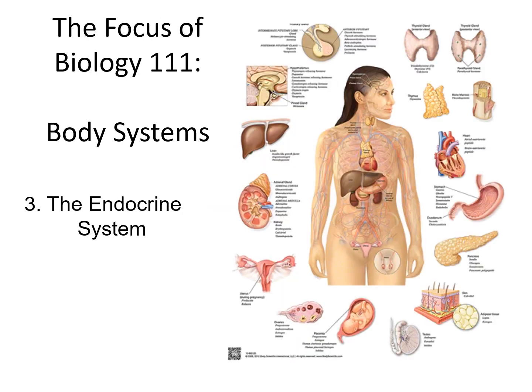The next system we'll look at is the endocrine system, and this consists of a large collection of glands distributed throughout the body that produce hormones, which are signaling molecules that are released into the bloodstream. Now, if you have done 111 with me before, you may be wondering why we're doing this year, because normally I have taught this as part of Bio 112.